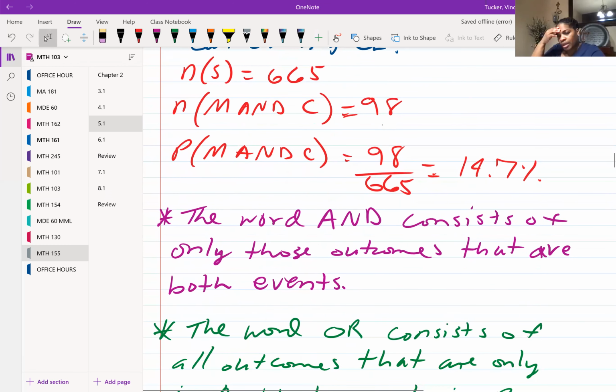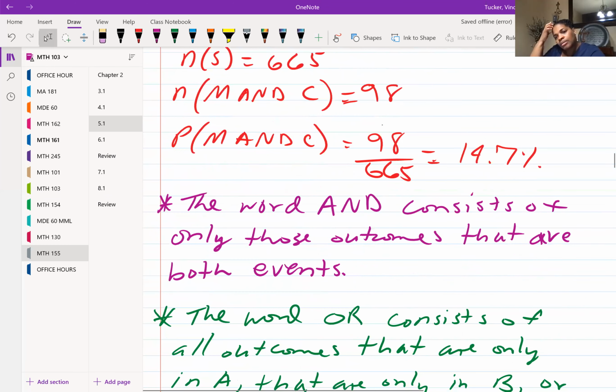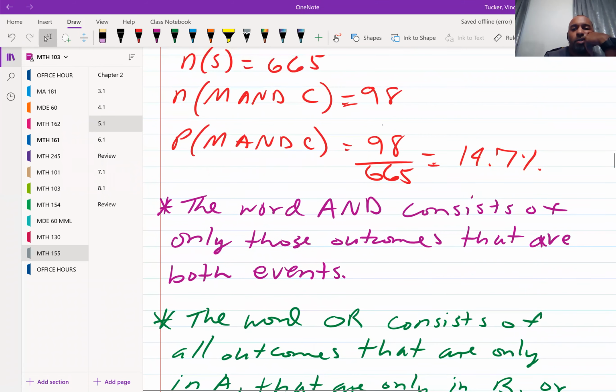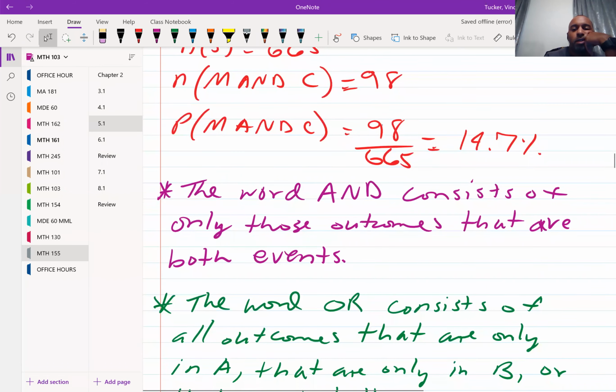The word inconsistent. Like holding on to the red, don't want to go too high.